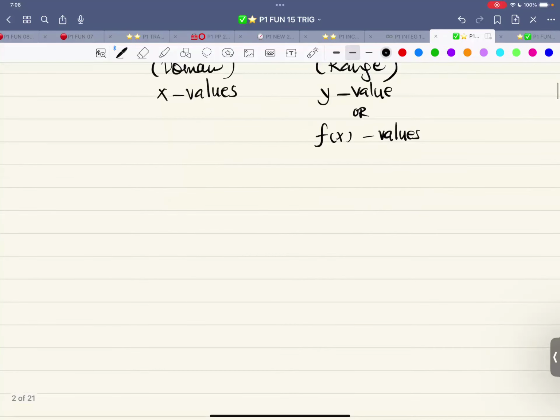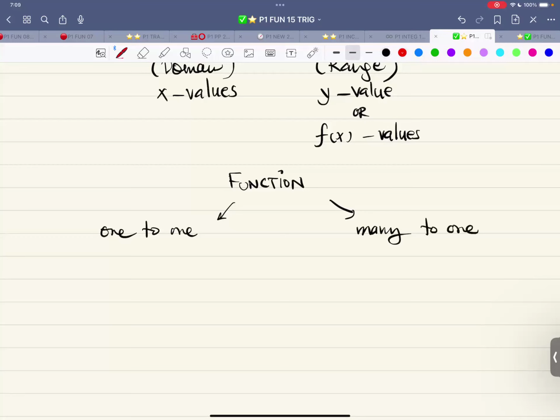When we talk about a function, it could be of two types. It could be a one-to-one function, or it could be many-to-one. When we talk about one-to-one, one value of domain is giving us one value of range.